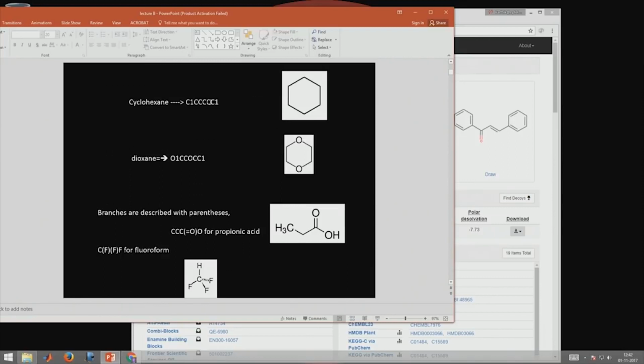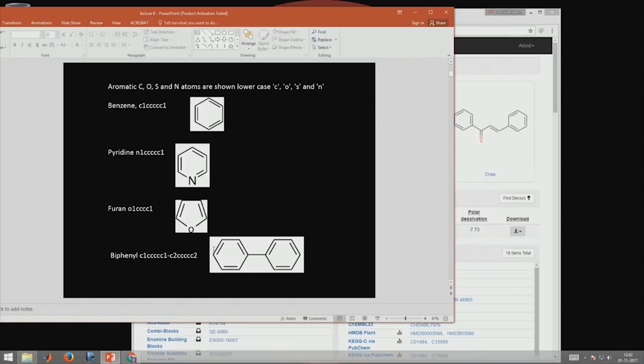If it is aliphatic, we use uppercase. If you have C1 and C1 coming in the beginning and end, that means there is a bond, this is a ring, okay. And if you are enclosing with a parenthesis, that means this is a side chain. So, typically there is a ketone connected to the third carbon, that is what it means.